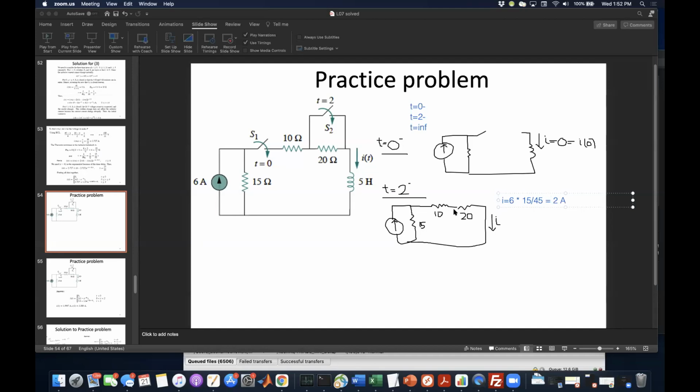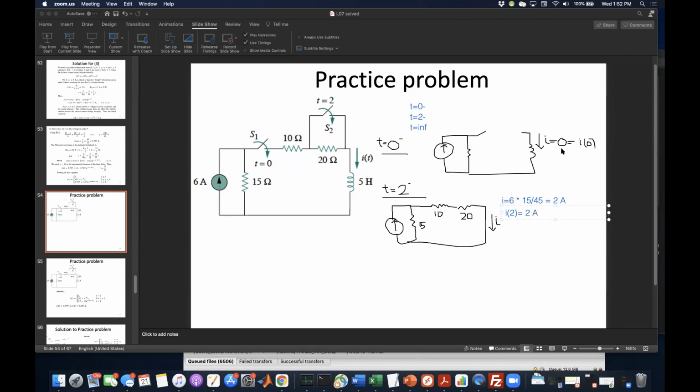That's right. This branch, notice it has 2/3 of the total resistance, so it will carry 1/3 of the total current, which is 2 amps. And so I at 2 is equal to 2 amps.